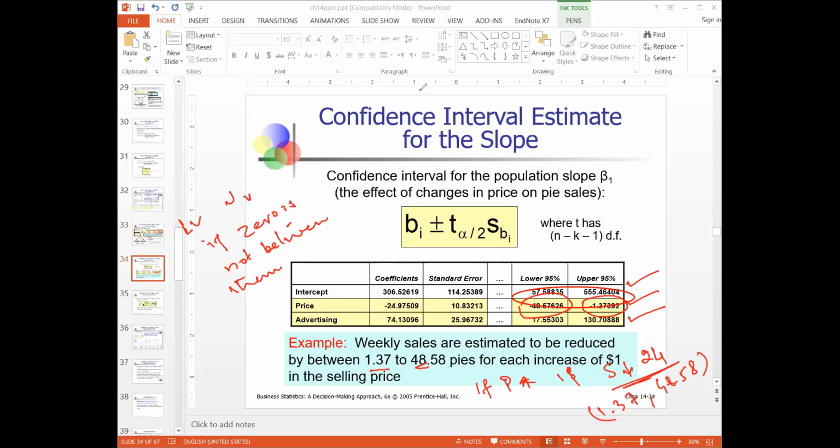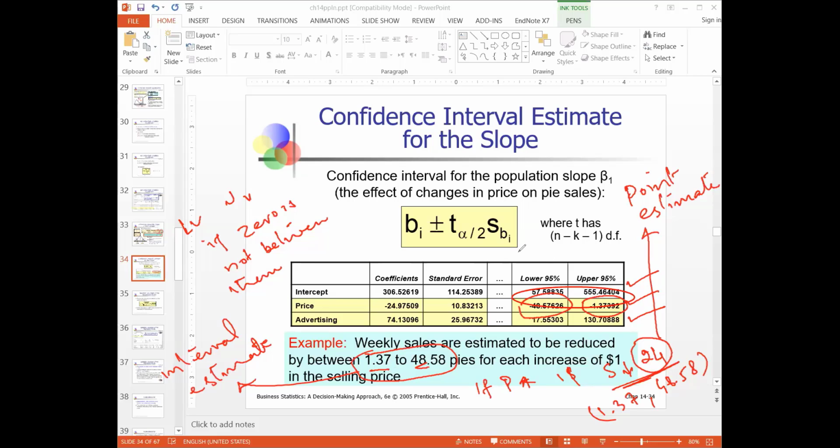In other words, out of 100 cases, 95 times you will see that the demand has decreased within this range, and its average value is 24. So 24 is actually a point estimate, and this range is an interval estimate.